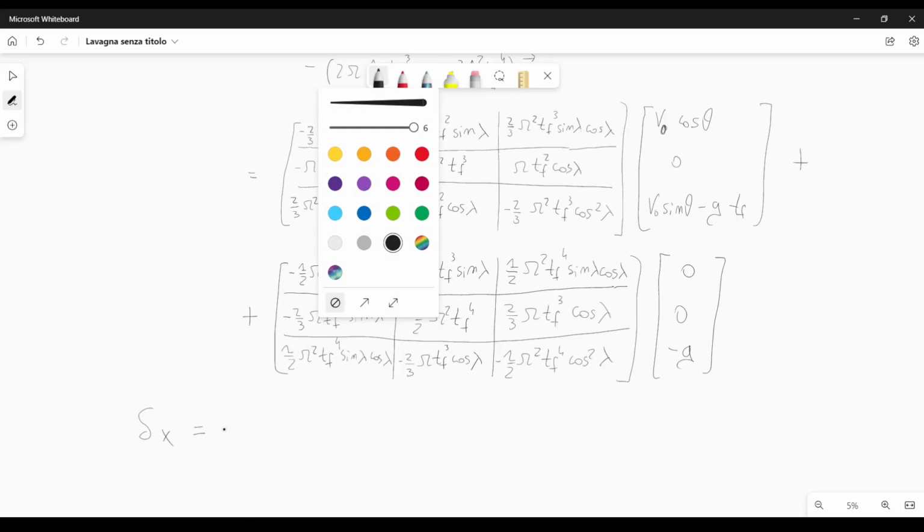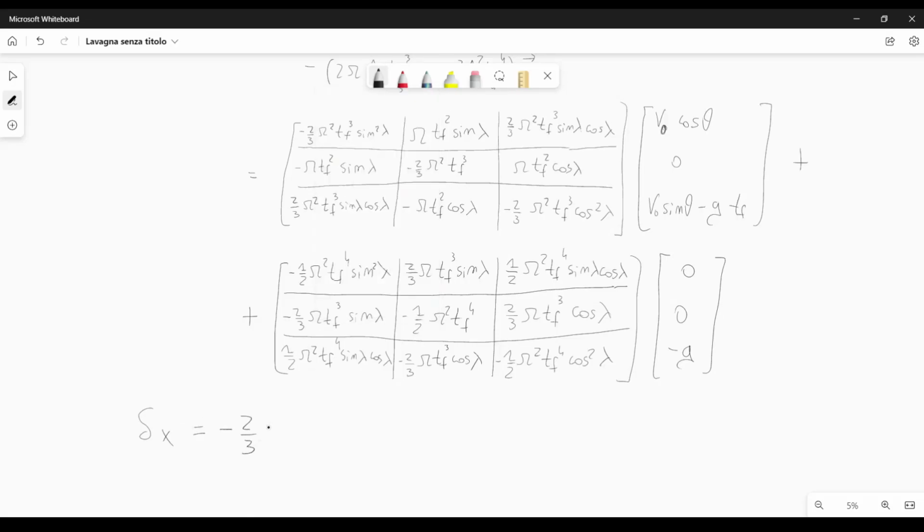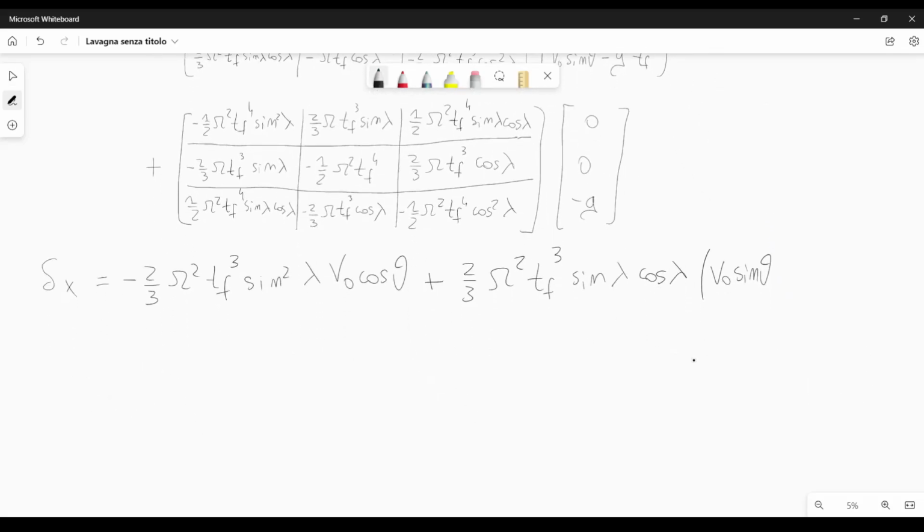So delta x is equal to minus 2/3 omega squared tf cubed sine squared lambda v0 cosine theta plus 2/3 omega squared tf cubed sine lambda cosine lambda times v0 sine theta minus gtf.